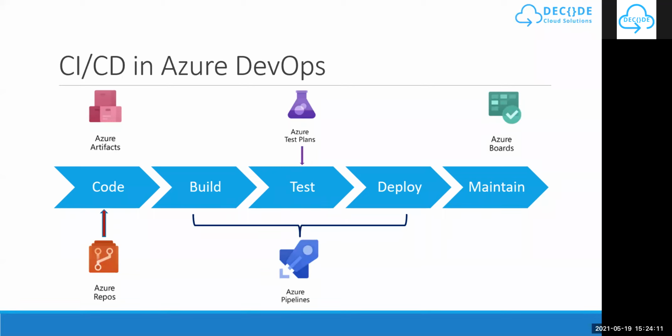Just like when multiple coders in our development team are working on the same piece of code, the same set of artifacts and source code, and integrating it with the help of maybe GitHub, SVN, CVS, or any such source code management system, a similar thing you are going to achieve with Azure Repos.